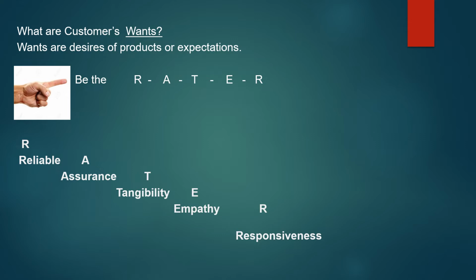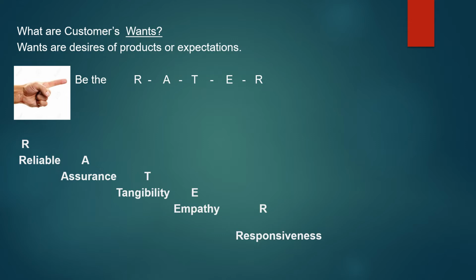A guest or customer always looks for a reliable service provider. Guests always want assurance, a positive declaration intended to give a promise. Now tangibility means the touch point. Next is empathy.